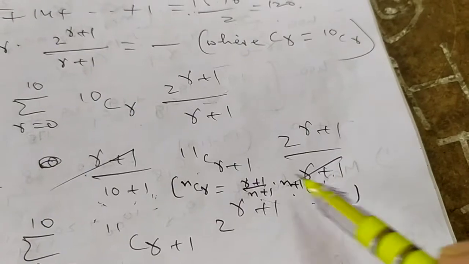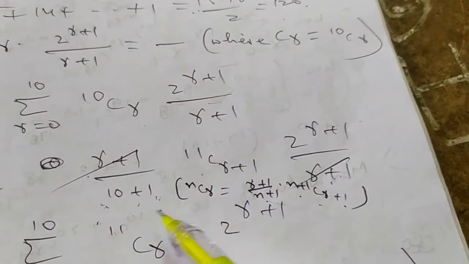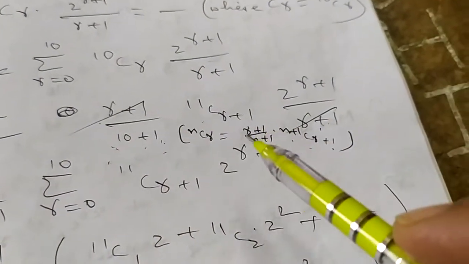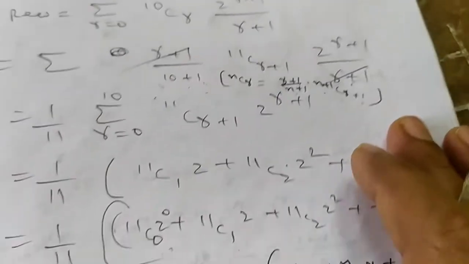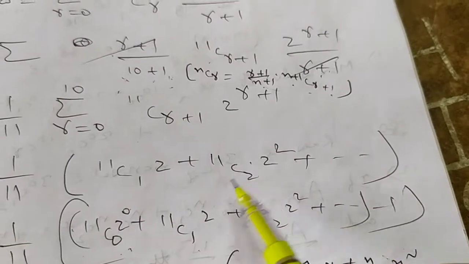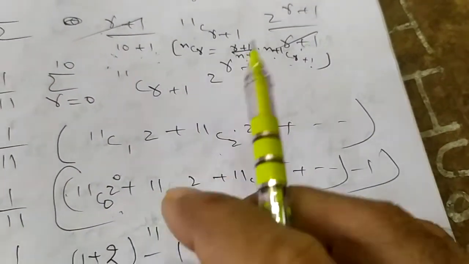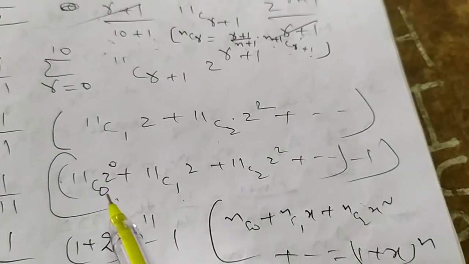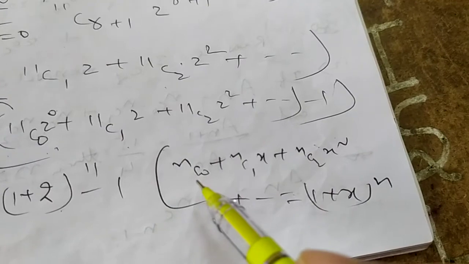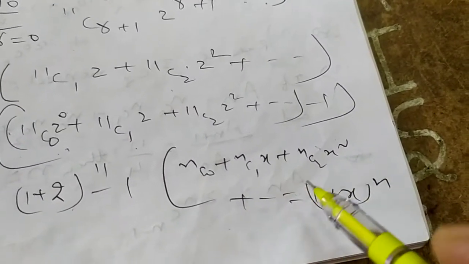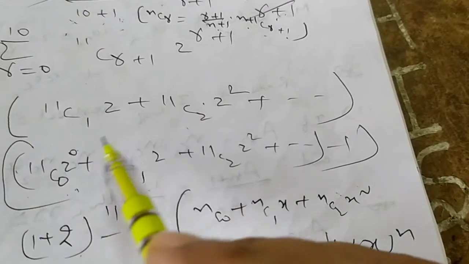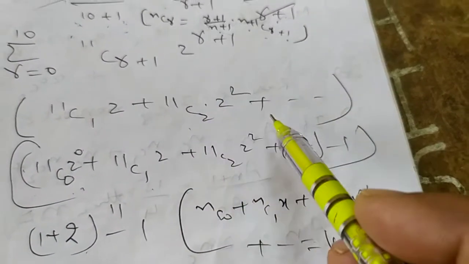Thus this r plus 1 cancels. 10 plus 1, so 1 by 11 we can write outside. Now we have 11C r plus 1 into 2 power r plus 1. Now I am opening the sigma. When r is 0, when r is 1, when r is 2, up to when r is 10. Now I am adding and subtracting this term because the expansion formula of 1 plus x whole power n is nC0 plus nC1 into x plus nC2 x square plus and so on. But here we have only nC1 into x plus nC2 into x square and so on.